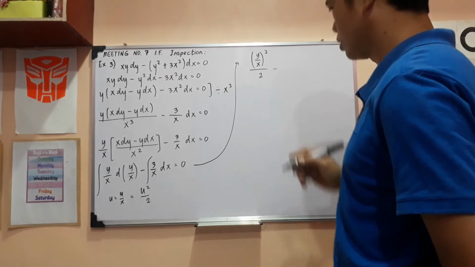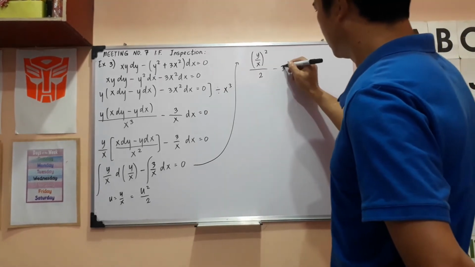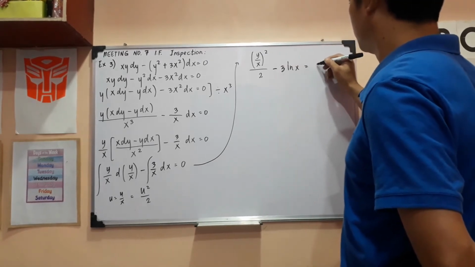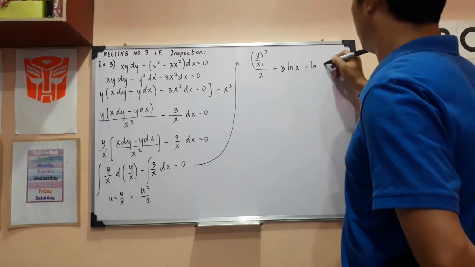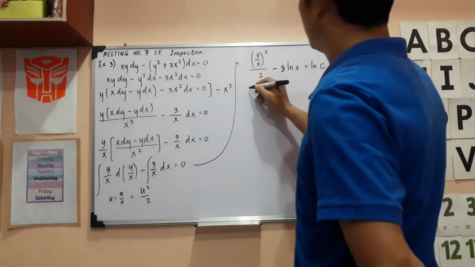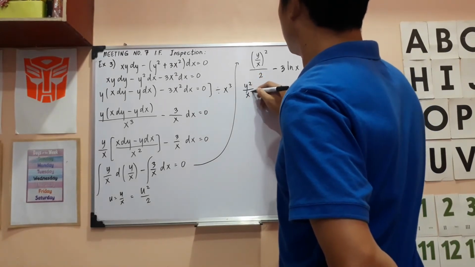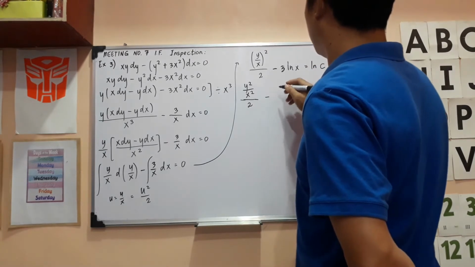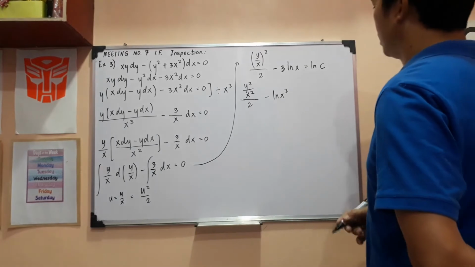And then, minus 3 ln of x, and then is equal to ln of c. May lumabas na ln. Okay? So, y squared all over x squared over 2. Yan. Minus ln x cubed. Okay?